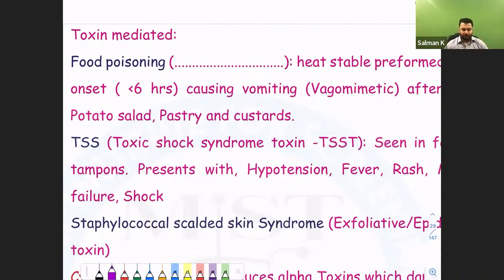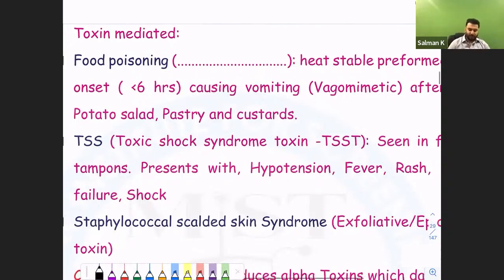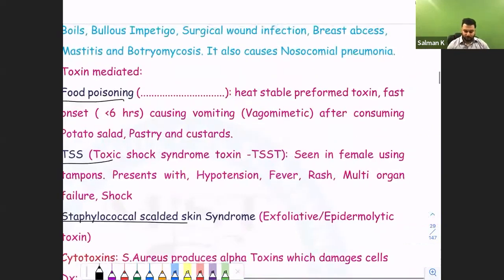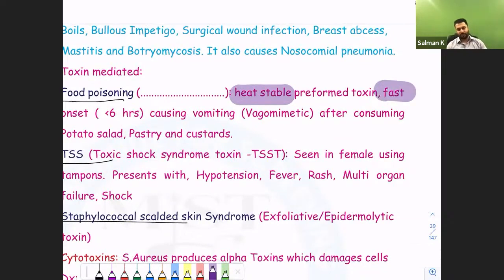When I'm saying toxin mediated, there are three main diseases: food poisoning, toxic shock syndrome, and staphylococcal scalded skin syndrome. When we say food poisoning of Staph aureus, you should know it's a superstar. The toxin will not get destabilized by heating the food. So it's a heat stable toxin, and the symptom onset is fastest.